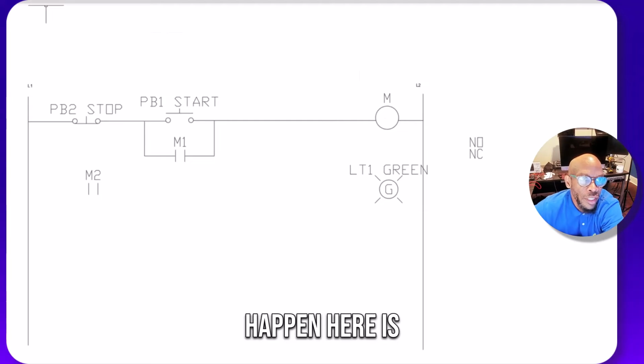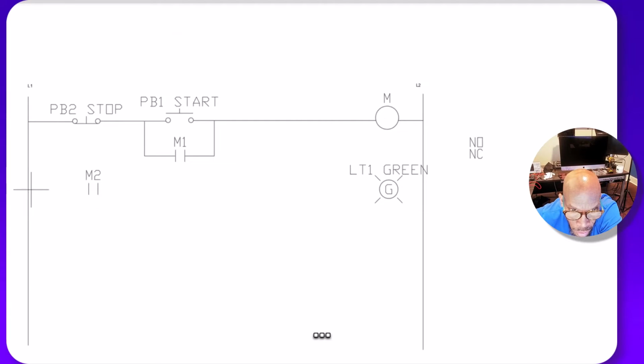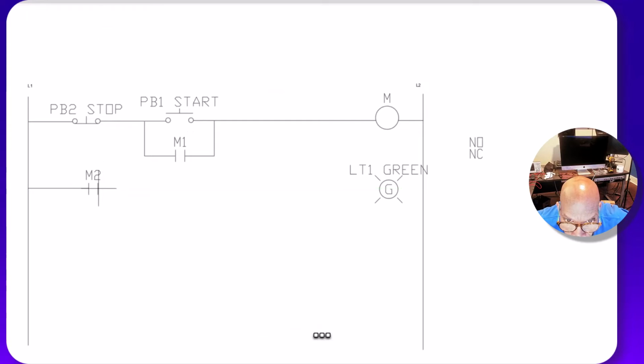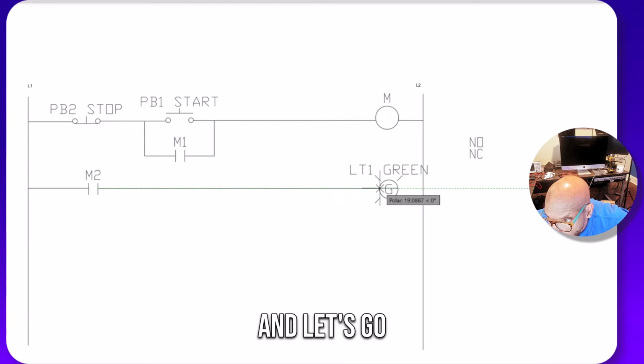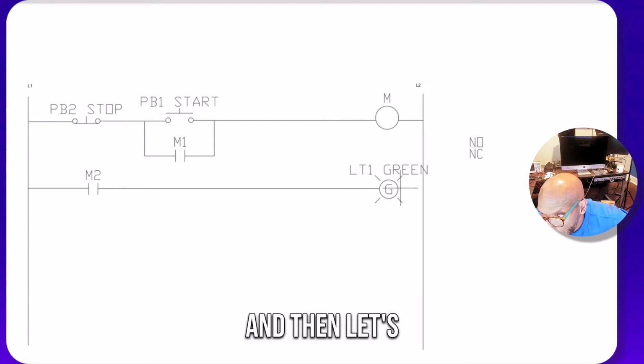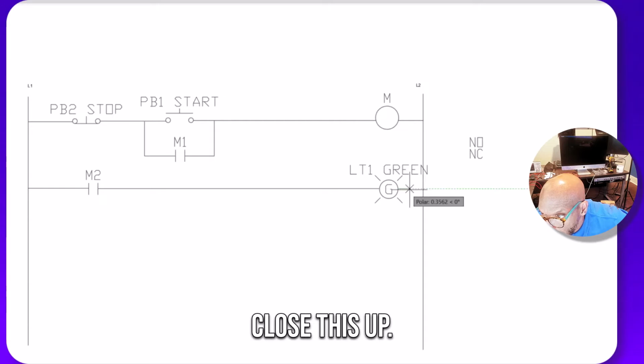So what will happen here is I'm going to take a wire off of here, and then I need to take another wire off here, and let's go over to the light. And then let's close this up.